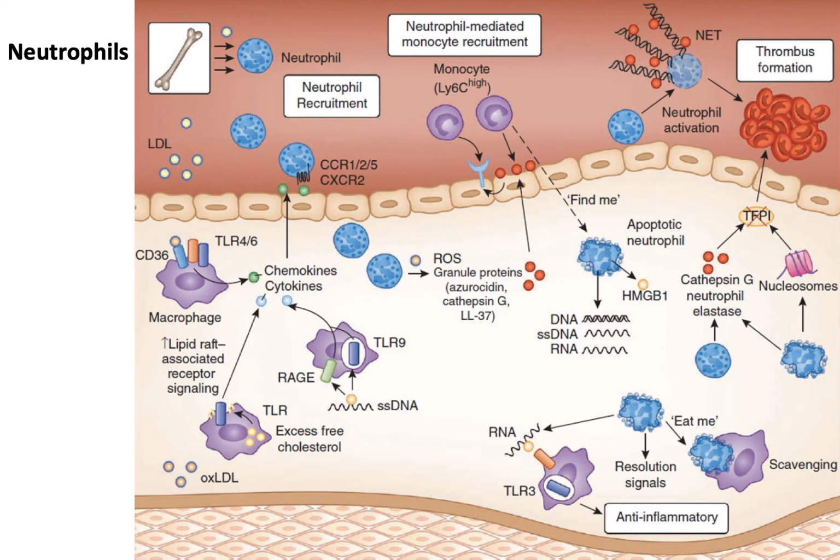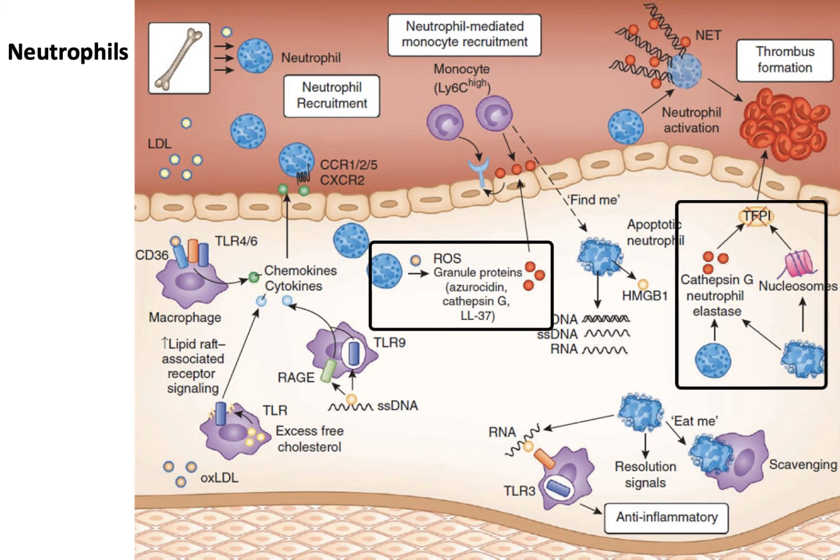And here's a little bit more about these neutrophils. They're formed in the bone marrow, of course. They migrate into different tissues. And in doing so, in an immune response, they release these reactive oxygen species as well as other things, including cathepsin, which we talked about earlier, which is a protease.